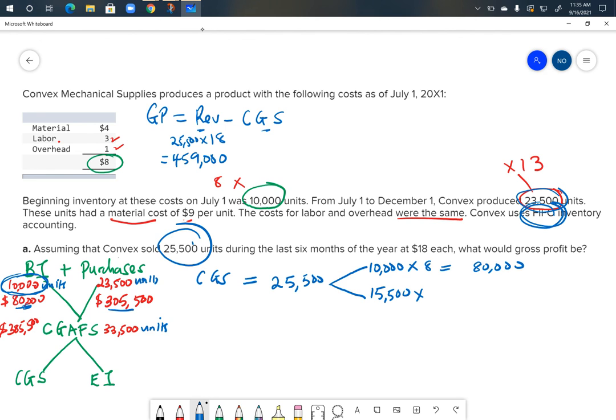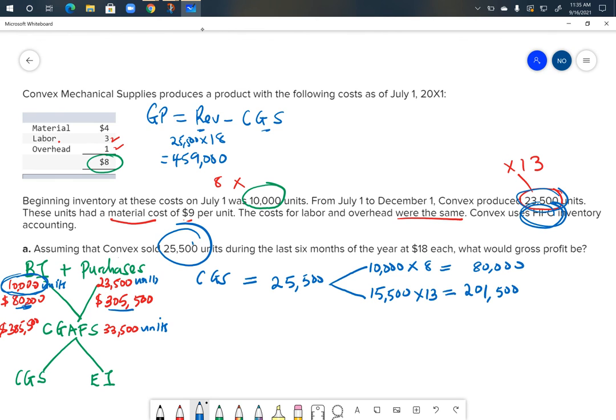The material cost is $9, labor is $3, and overhead is $1, so the cost is $13. So 15,500 times 13 gives us $201,500, the cost of the additional 15,500 units.